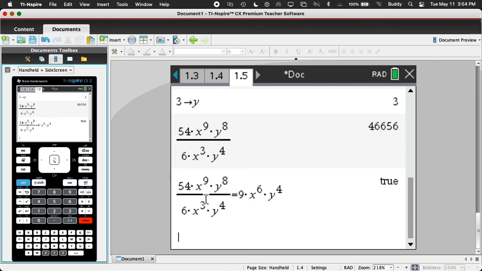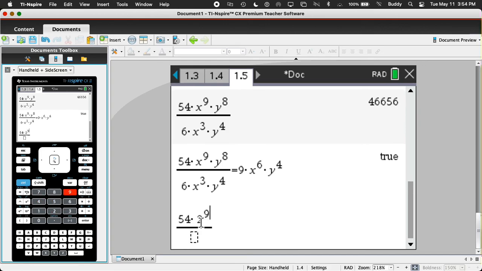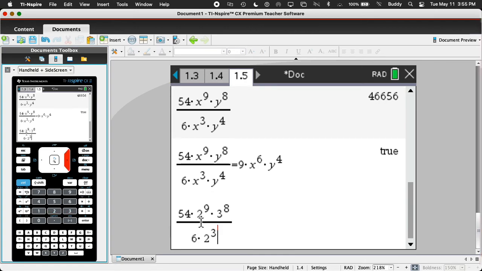Now, of course, like I said, I could have typed this in by changing these guys to 2's and 3's. But as you can see, whenever I do that, it's a little bit more complicated. And it makes it just a little bit more confusing. Now, this can be especially confusing if you have more than one variable.